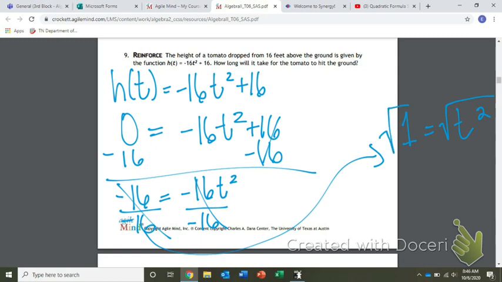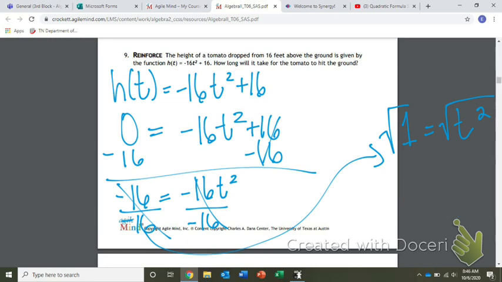Now, when we take the square root, we have to have a positive and a negative answer, because a positive and a positive make a positive. Also, a negative and a negative make a positive. So that is why.